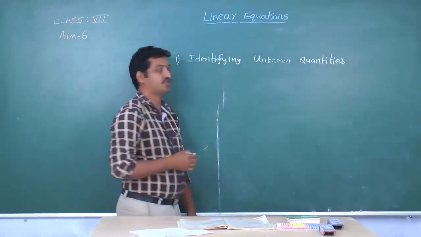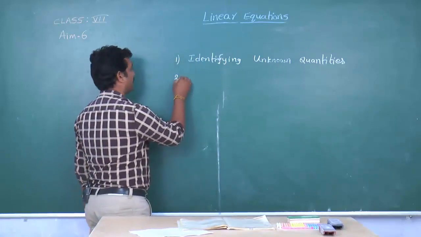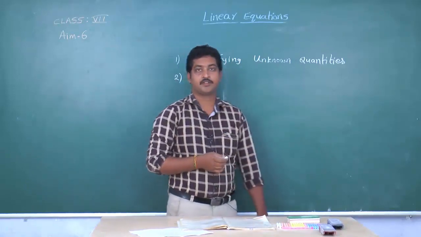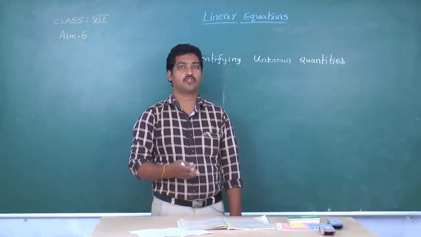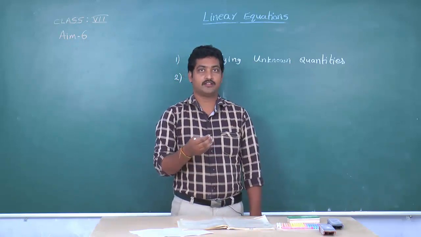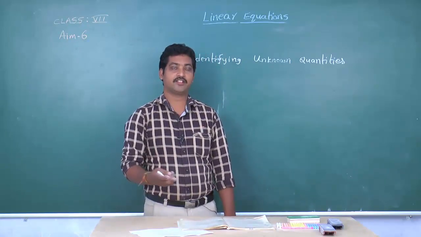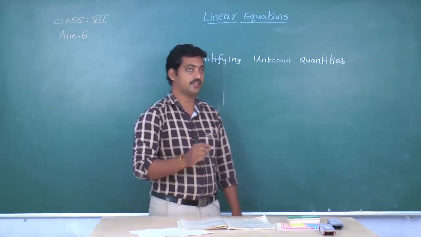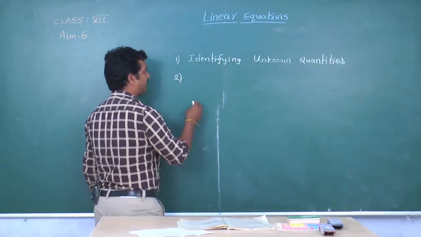This is the first step. In these problems, we can identify two unknowns mostly, because we are learning linear equations in two variables. That's why only two unknowns we can identify.